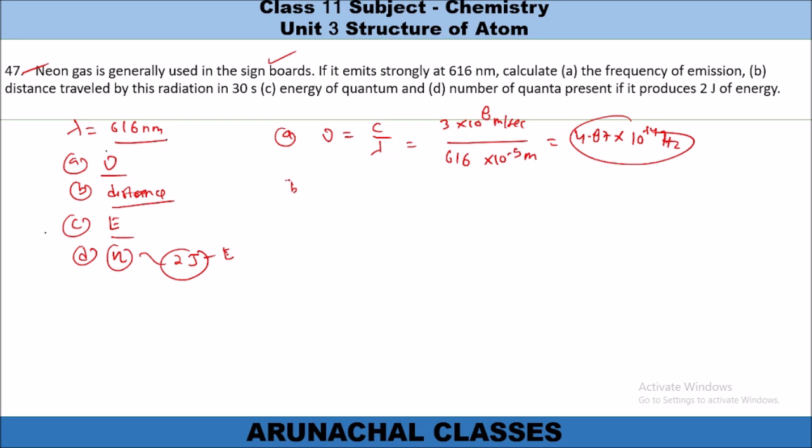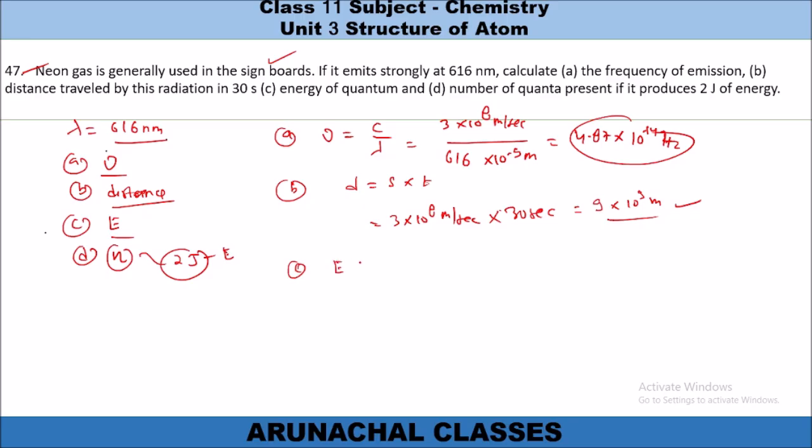Second, we have to find the distance. We know that distance is equal to speed into time. So here speed is 3 into 10 power 8 meter per second, and time they have given as 30 seconds. So it will be 9 into 10 power 9 meter.